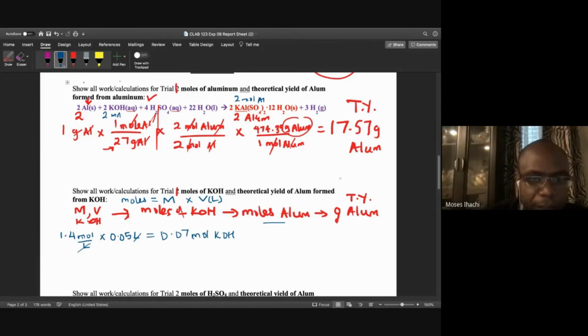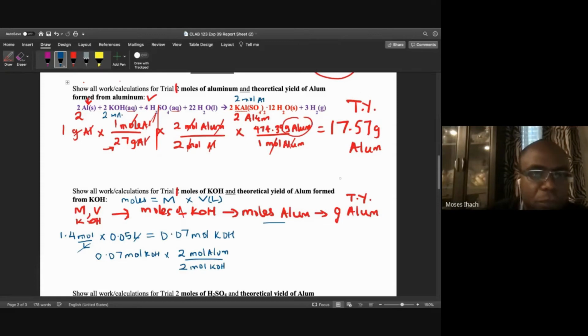So we'll say 0.07 moles of KOH will be multiplied by the conversion factor, which is a ratio of 2 moles of alum divided by 2 moles of KOH. Where am I getting these 2 moles again? I'm getting these numbers from the balanced equation of the reaction. The ratio is 2 to 2.